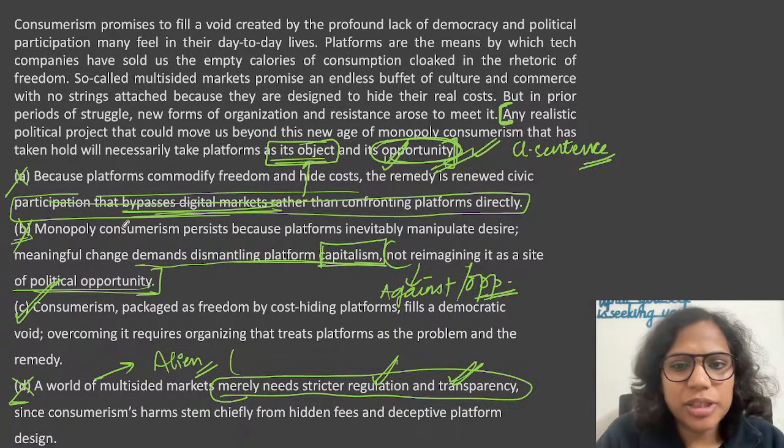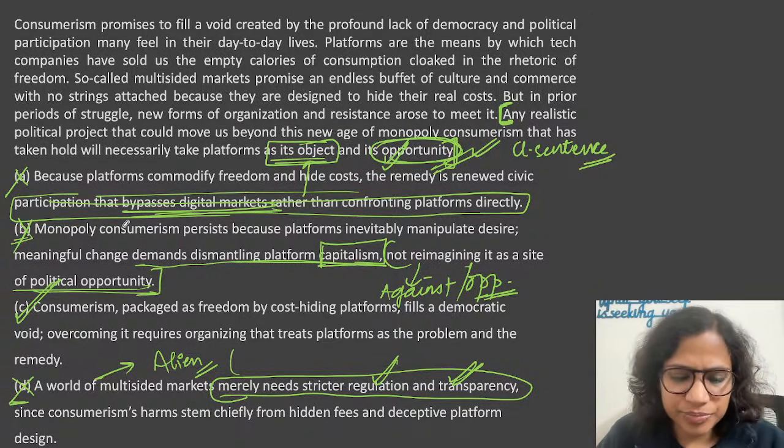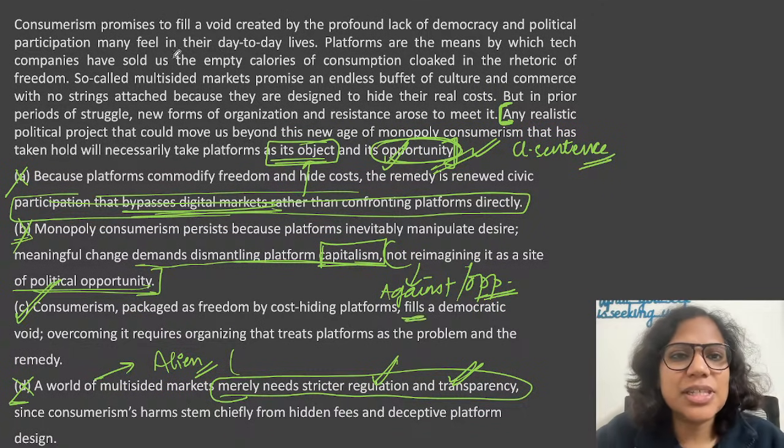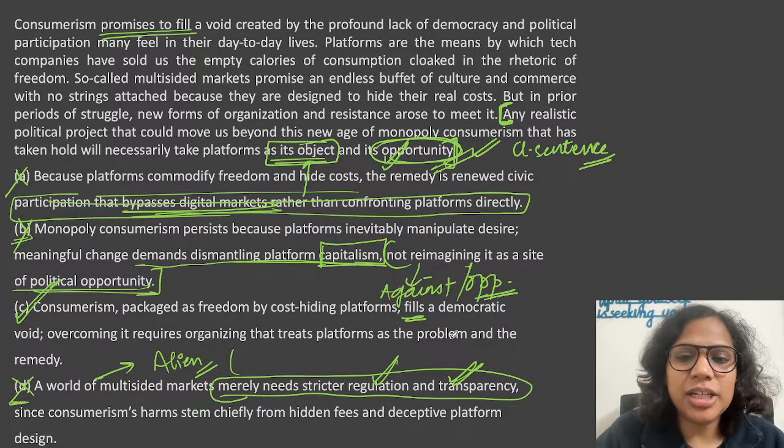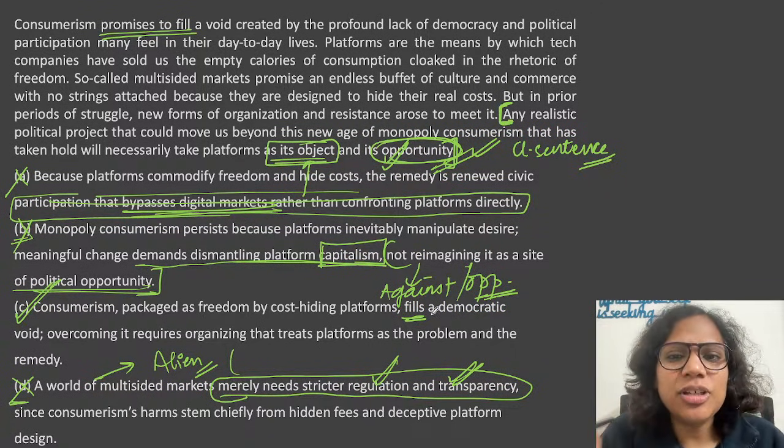As a platform fills a democratic void. Okay, overcoming it. I understand अभी कि ये यहाँ पर promises नहीं है, यहाँ पर वो fills ही कह रहा है. It fills a democratic void, which is, if you look at it, not really the intent of the paragraph.